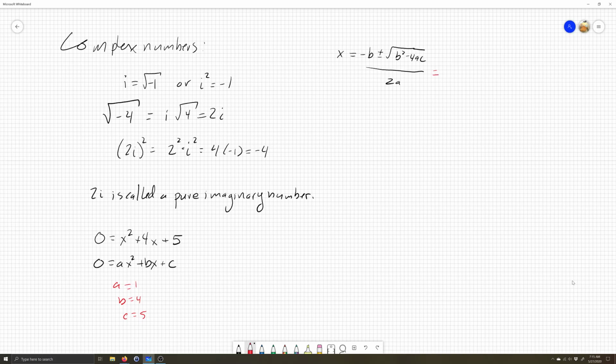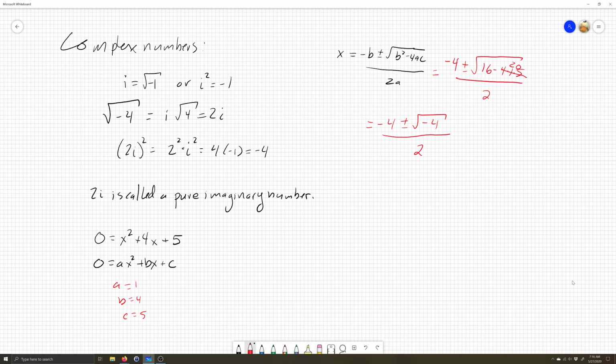So you're going to get -4 plus or minus the square root of 16 minus 4 times 1 times 5, over 2. That's -4 plus or minus the square root of 16 minus 20, which is -4, over 2.